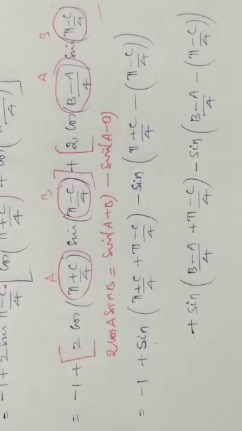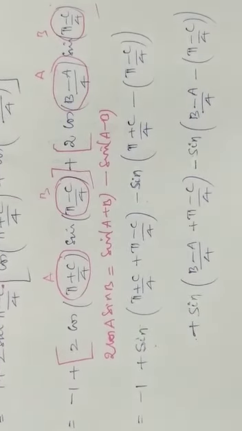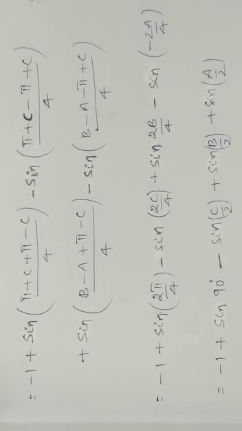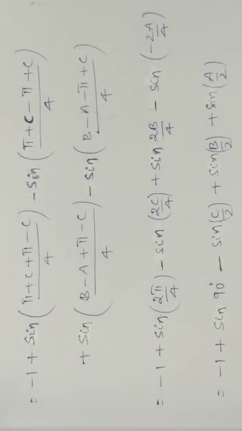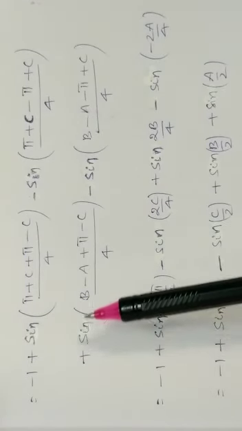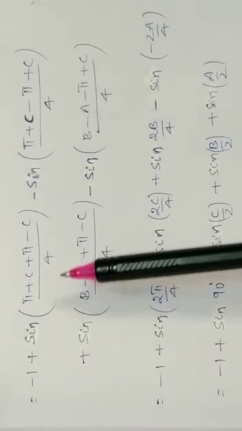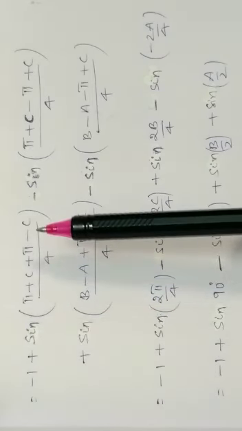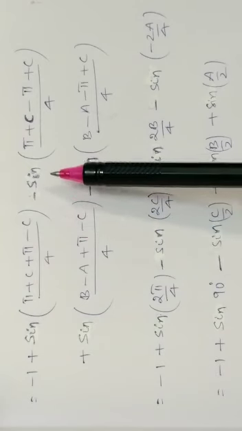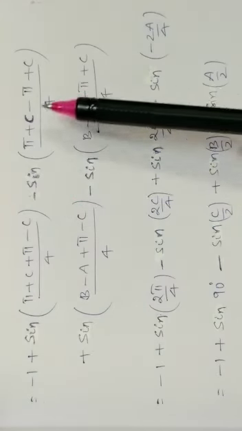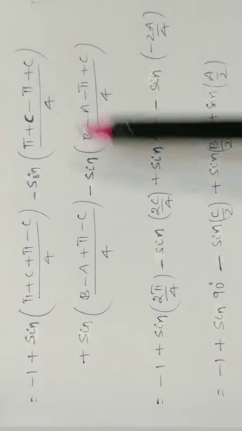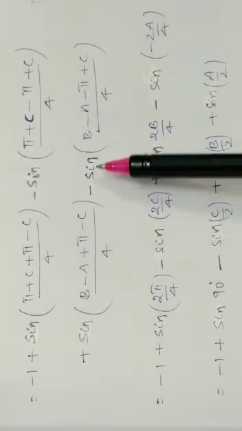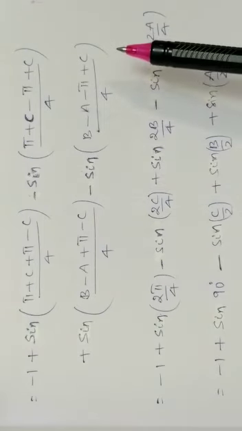Now, in the next step, we have to take LCM. See here, −1 plus sin, by taking LCM 4, I got (π + C + π − C)/4, minus sin, again LCM, plus sin, again LCM, minus sin, again the LCM.